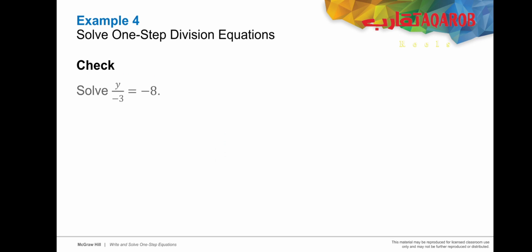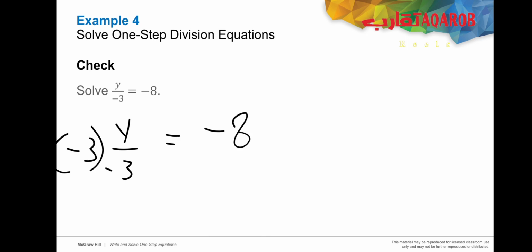Now another problem. Here I multiply y over negative 3 by negative 3, so y over negative 3 multiplied by negative 3 is equal to negative 8 multiplied again by negative 3.